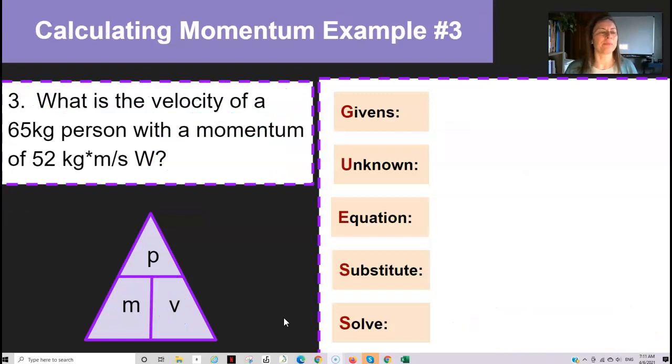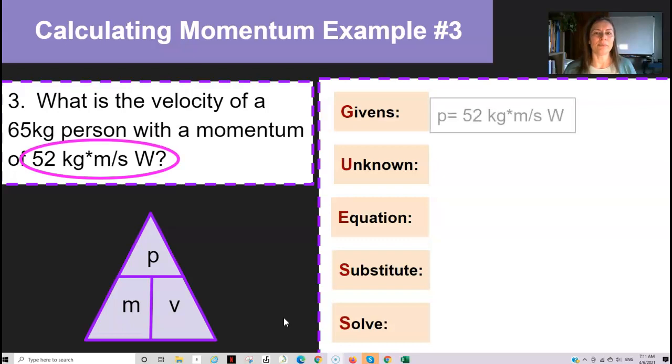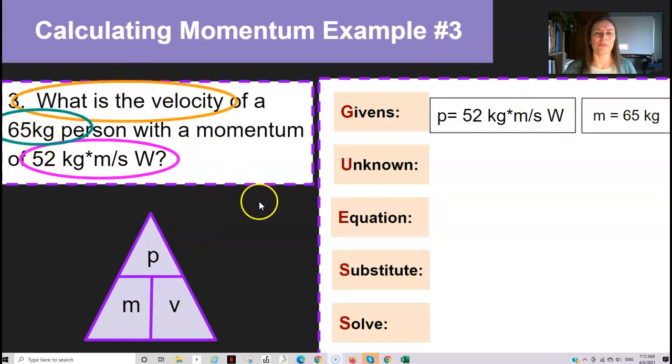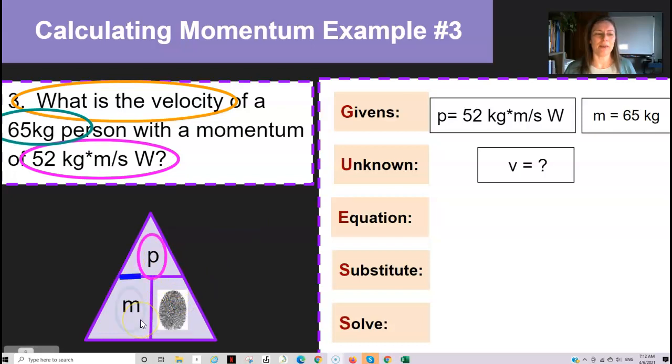Okay, last one. What is the velocity of a 65 kilogram person with a momentum of 52 kilogram meters per second west? So our givens are our momentum, and our direction is west. The mass is 65 kilograms, and we're looking for velocity. All right, so in this case, we're going to cover up velocity here, and we're left with p over m.